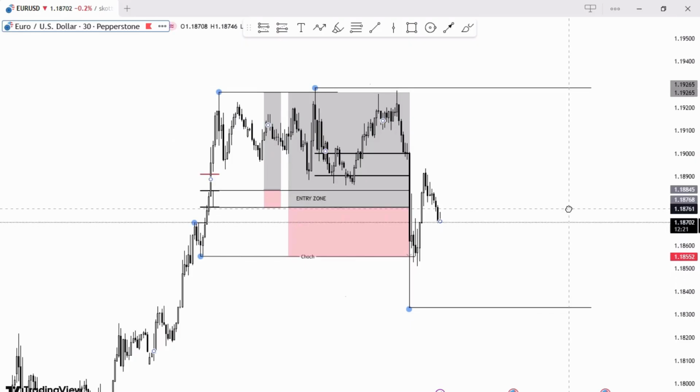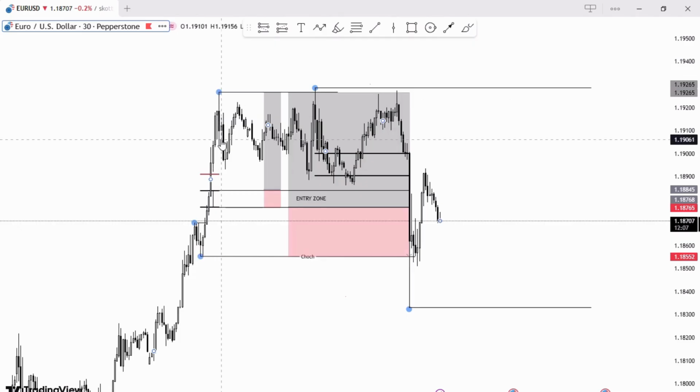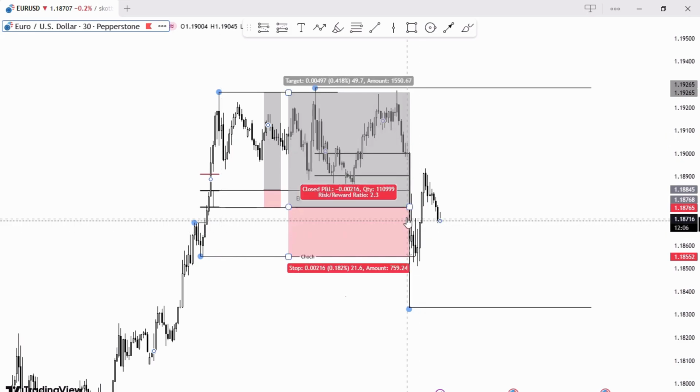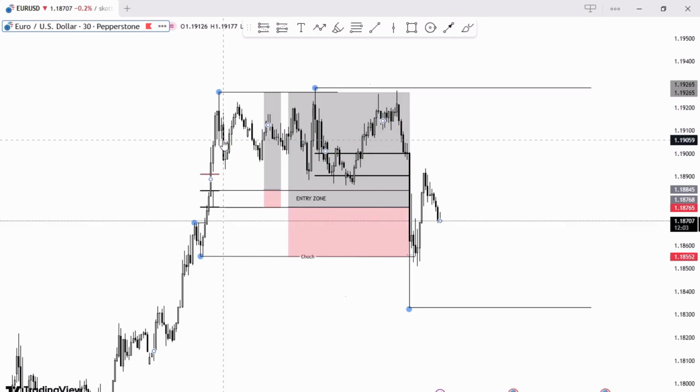We have price pushing all the way to the upside, and before I continue, this was my first trade on this account, and I want you guys to look how long I had to wait before this order was filled.